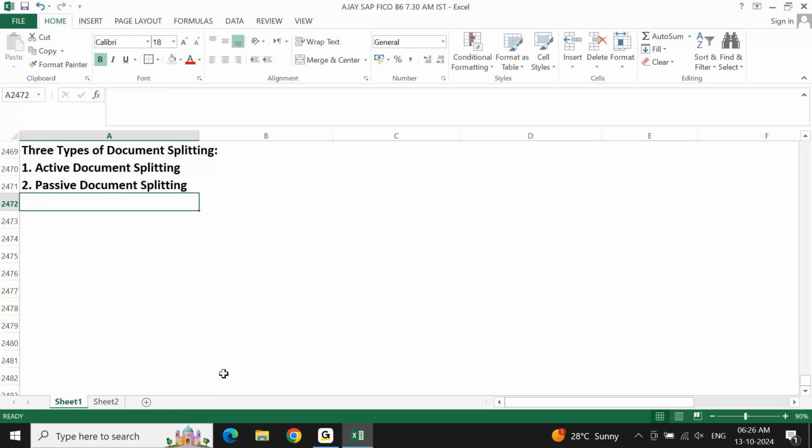Third one, zero balance document splitting. Active document splitting, passive document splitting, and then zero balance document splitting. These three things you need to remember. This is also a mandatory point that will be asked in your interviews.